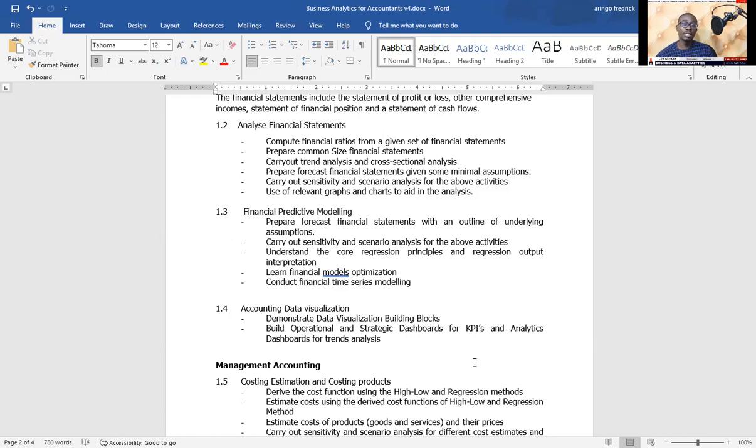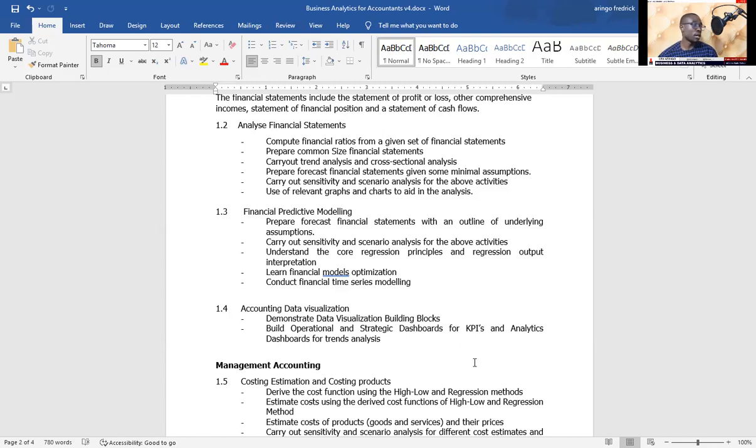You have to devise a method which will enable you to analyze your data very quickly and very effectively. One thing, to minimize a lot of errors, the other thing, to make sure that this data is very accurate, and all these concepts you'll look at anytime you hear about the aspect of financial models optimization.